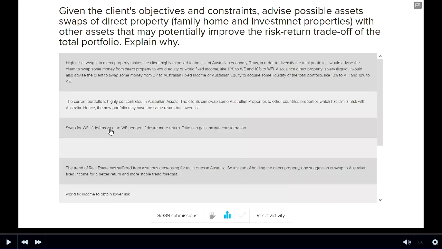So with this original form of the response, the inflation-linked bond, you probably will get 1 mark. Or I would say probably 10% out of the total mark available. So you're right to propose that asset swap or the target asset swap, but you failed to explain why.